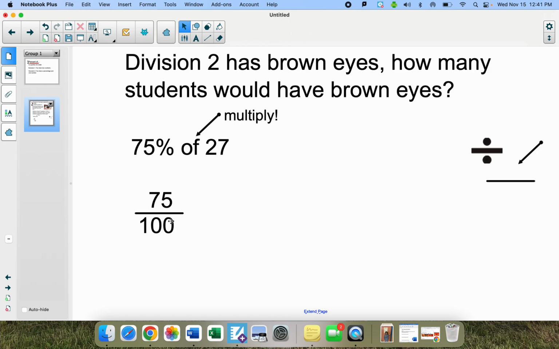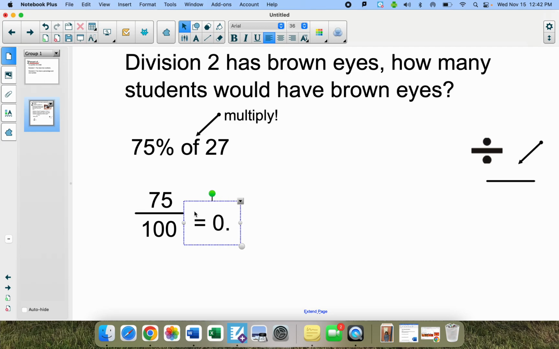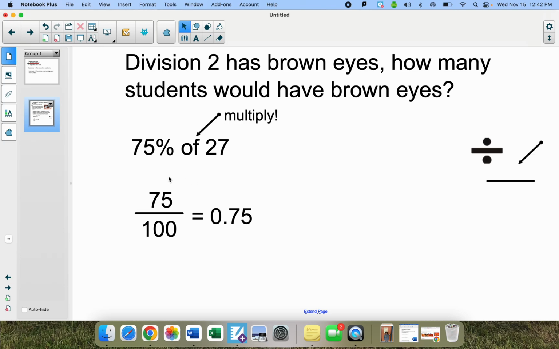And if you were to try that in your calculator and prove it yourself, if you took 75 and divided it by 100, you would get 0.75, which is 75%. So it equals 0.75. And you can do that in a calculator if you like. 75 divided by 100 will give you this.